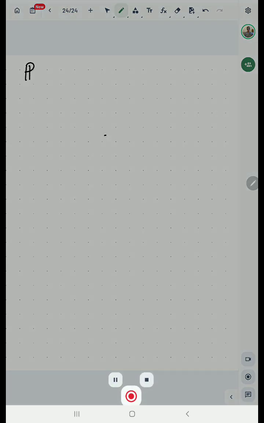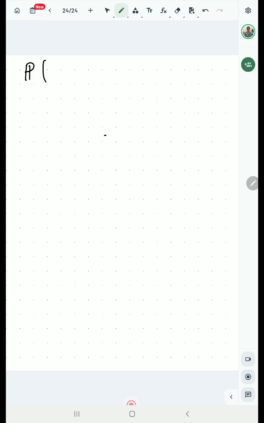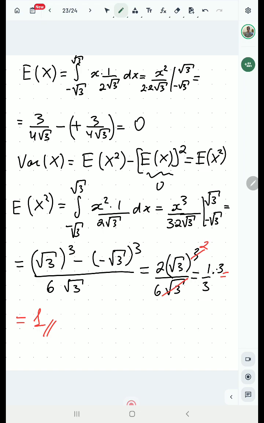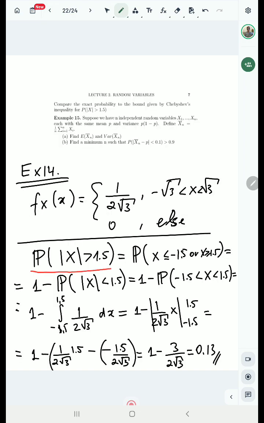So we are trying to find the upper bound of this probability. X is greater than or equal to, just a second, X is greater than 1.5.